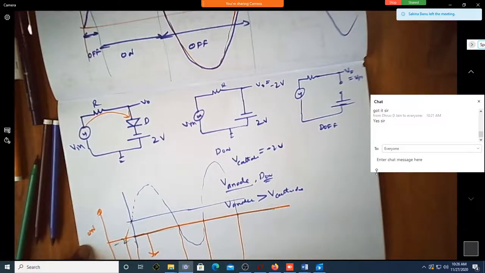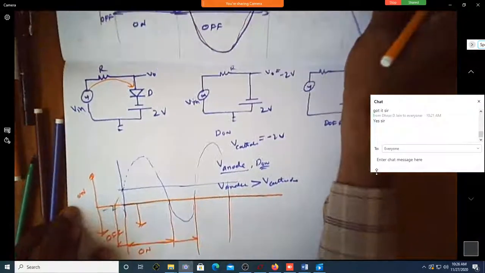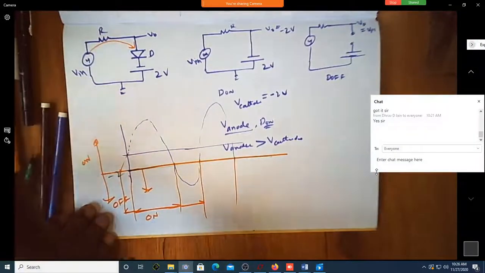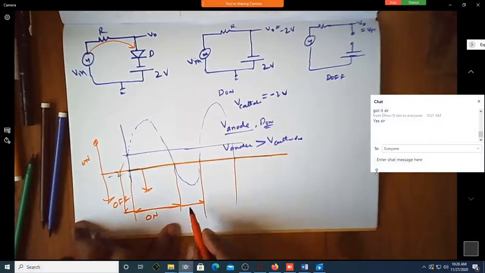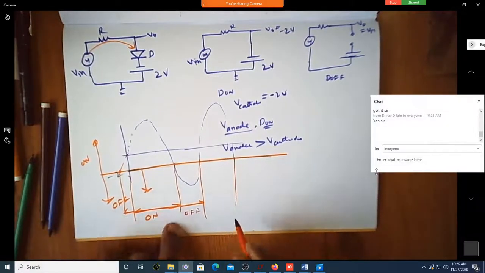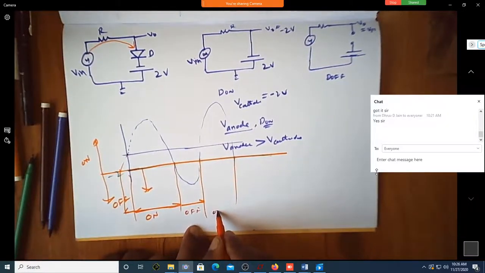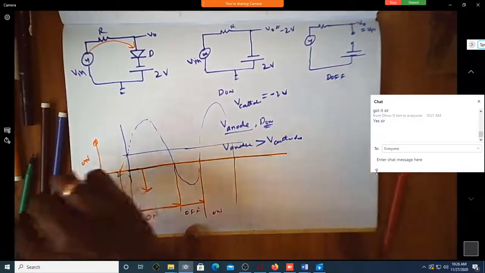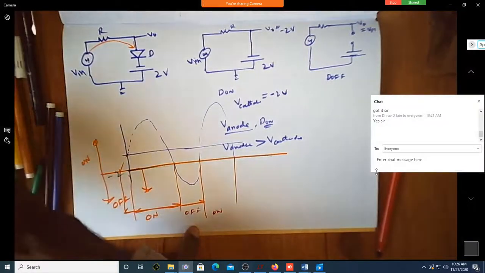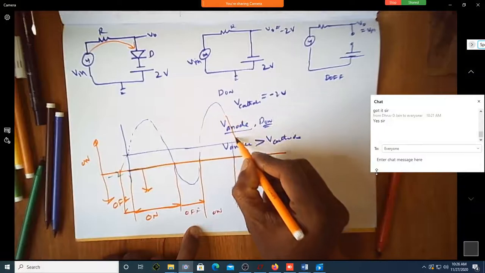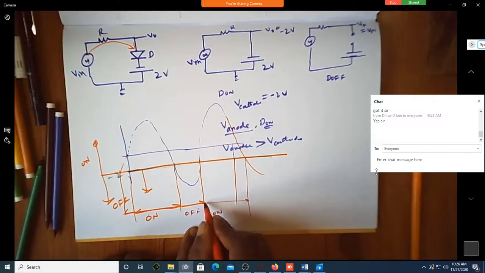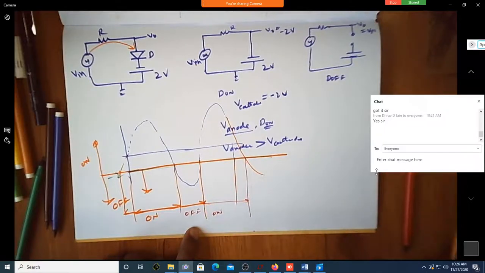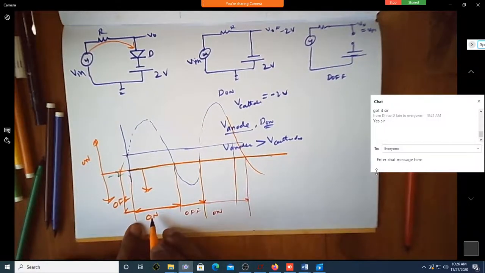Is this off here? Is this on here? Just a minute. Let me just complete this to come down here. Is it till here? Correct? Okay. When it is on, what is the voltage?